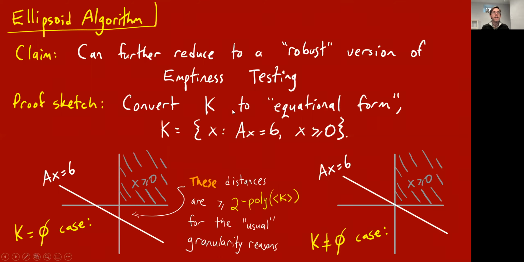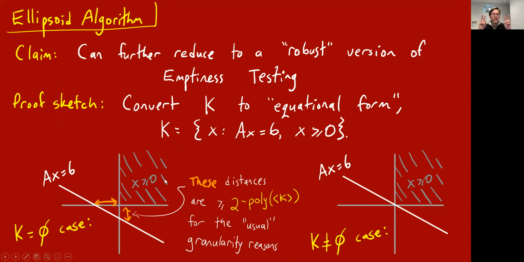Well, if you have a hyperplane like this, Ax equals b, and it misses the non-negative orthant, then what I claim, and this is like the claims I was talking about before with the fact that Gaussian elimination is in polynomial time and so on, is that the distance by which it misses the non-negative orthant cannot be arbitrarily small.